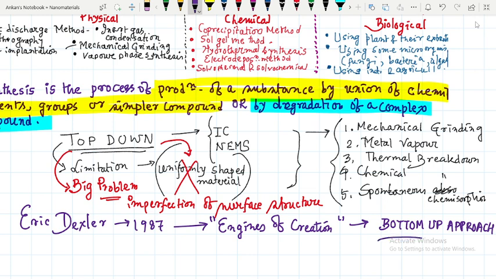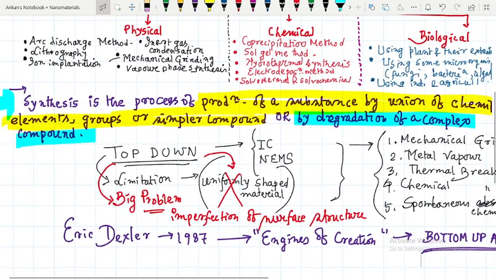This bottom up approach was thought to come from nature. How? We know that in nature the smallest component of living organisms is the cell, and by the accumulation of cells tissues are formed, and by the accumulation of tissues organs get formed. So this is a step by step accumulation of smaller components to make bigger things.